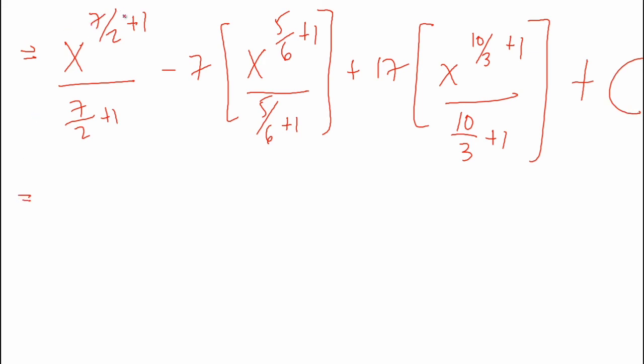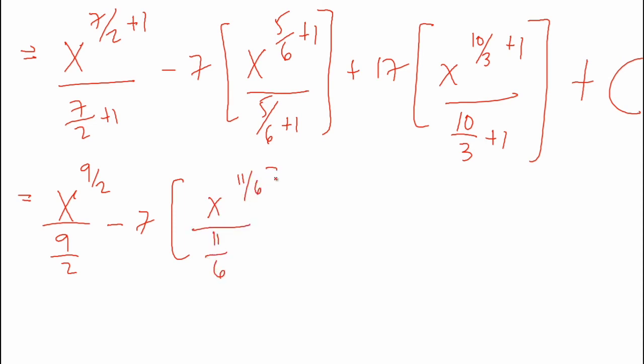So let's simplify this. What is 7 over 2 plus 1? That's 7 plus 2, so x raised to 9 over 2, and this one is also 9 over 2. This one is 7. And 5 over 6 plus 1 is 5 plus 6, so that is x raised to 11 over 6, and this one also is 11 over 6, plus 17.